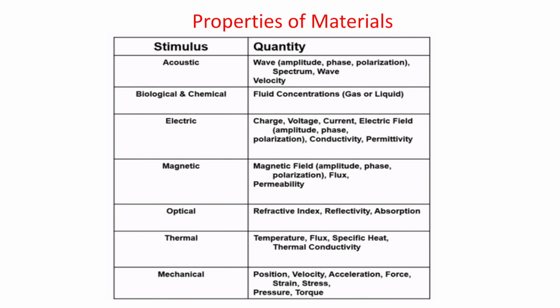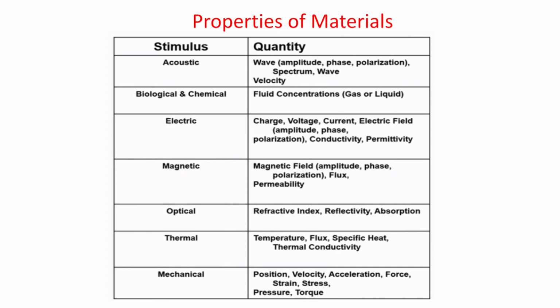If it is a biological or chemical sensor, then it can respond to fluid concentration. If it is electric, then it can respond to charge, voltage, current, electric field intensity, its phase, polarization, amplitude, its permittivity. If it is responding to magnetic, then it can be the magnetic field, its amplitude, phase, polarization, permeability.